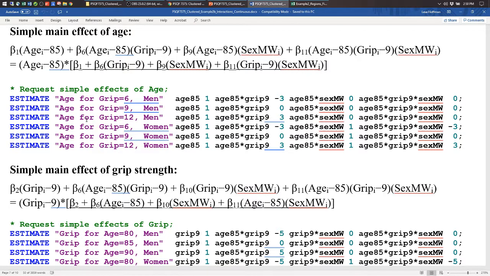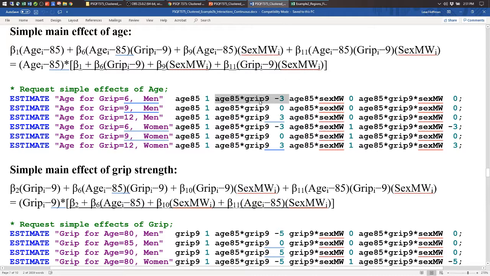Pulling out from the equation all of the terms that have age in them. Factoring out age. And now we're writing estimate statements for the compound term in brackets. So because age interacts with grip strength and with gender, and with both of them at the same time, at a minimum, I need 1 beta 1.